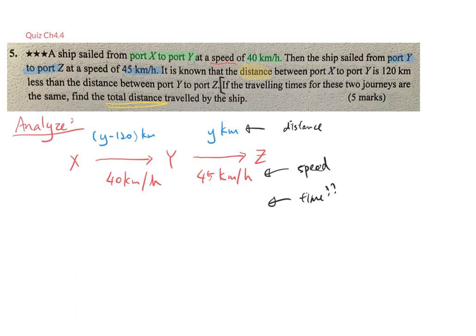It says that if the sailing times for those two journeys are the same, that means the time from X to Y is equal to the time travelled from Y to Z. So here we have an equality, and for setting the equation we can use this relationship.